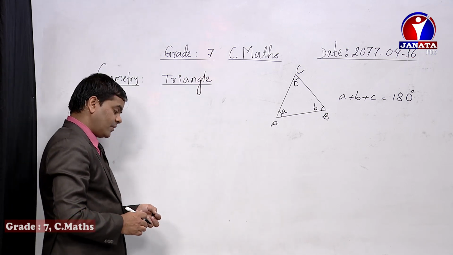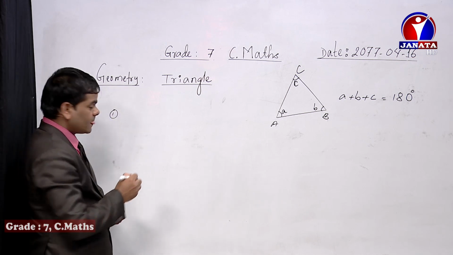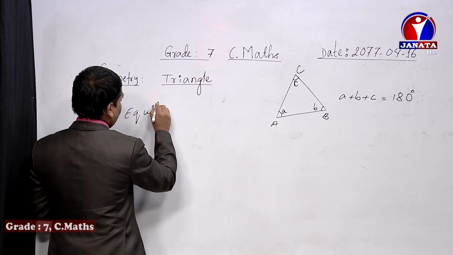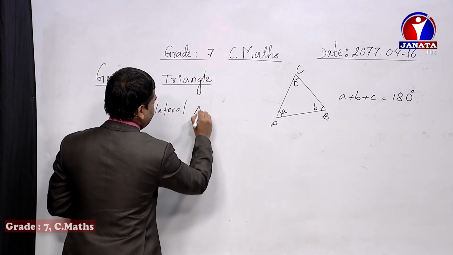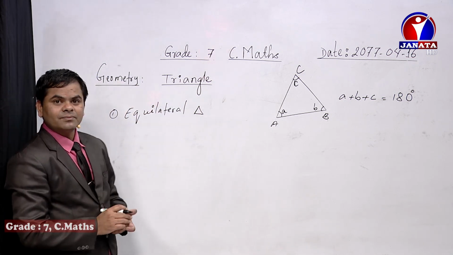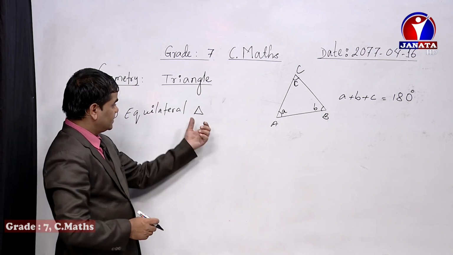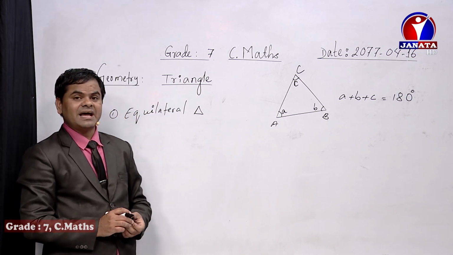The very first type of triangle is equilateral triangle, dear student. Let's write equilateral triangle, one of the types among the four. I am going to write symbolically. This is the symbol of triangle. Rather than writing the spelling of the triangle, you can write the symbol as well, as it is a mathematics subject.